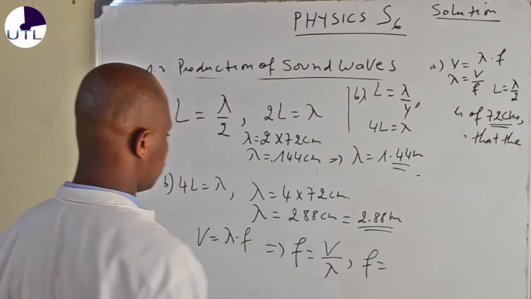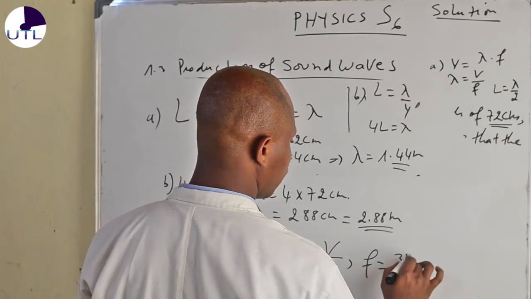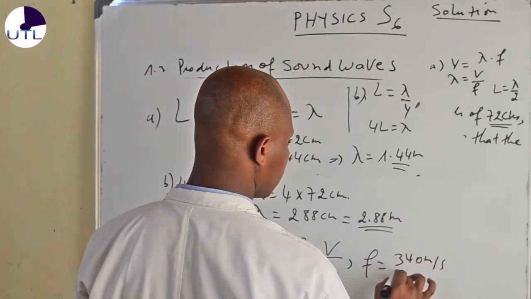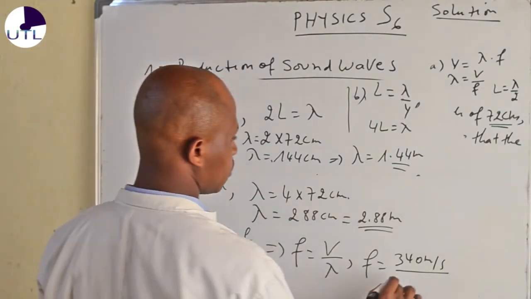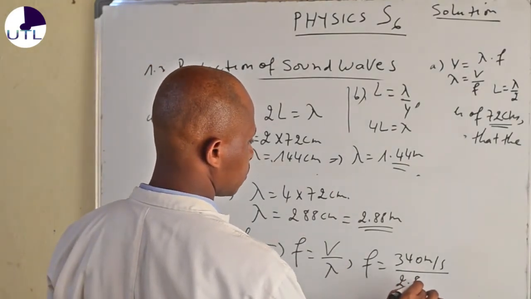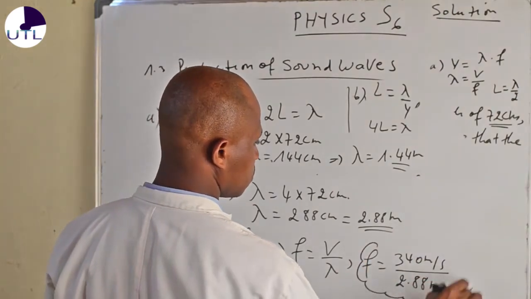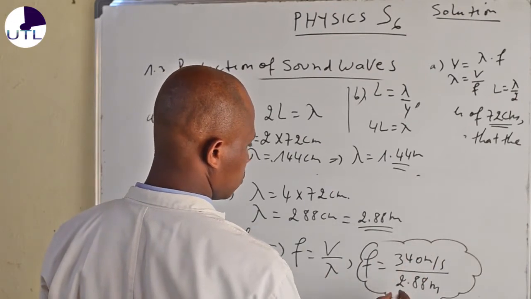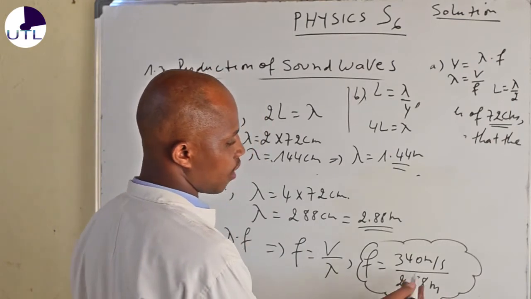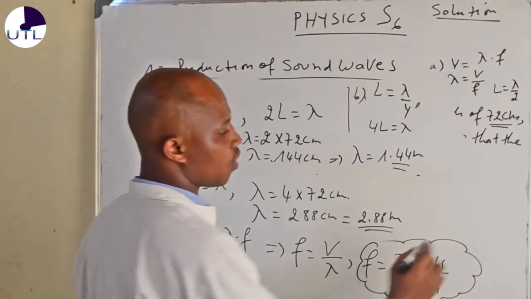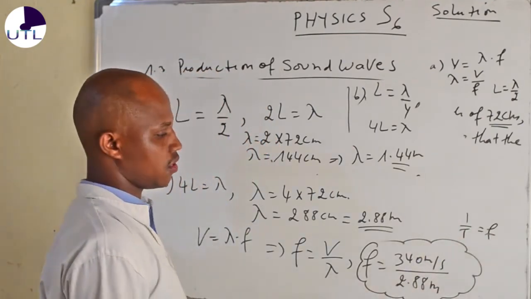So the frequency will be equal to the speed, 340 meters per second, divided by the wavelength, 2.88 meters. When we are simplifying, it is very clear that the meter will go. Remember, 1/period is equal to the frequency. So the SI unit of frequency is hertz.